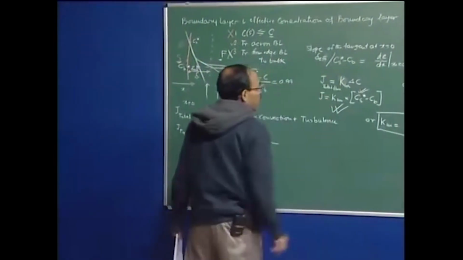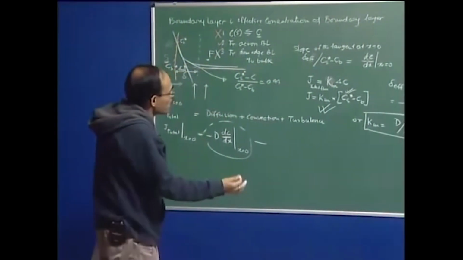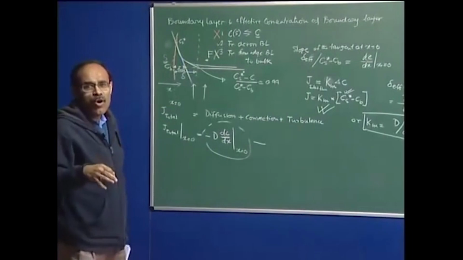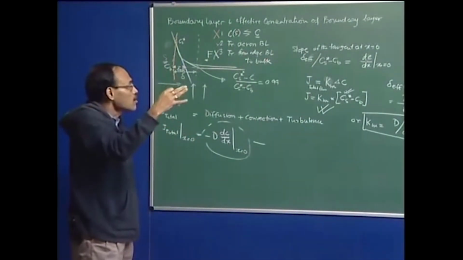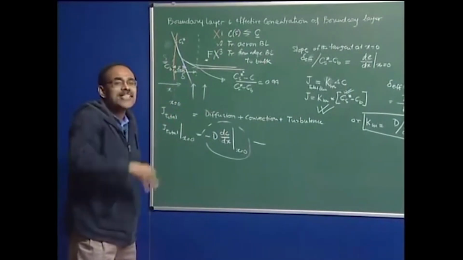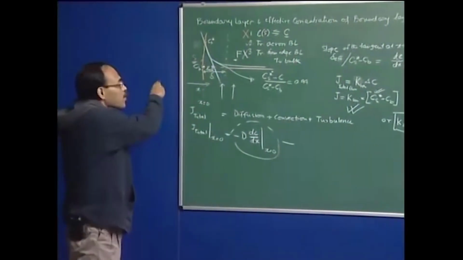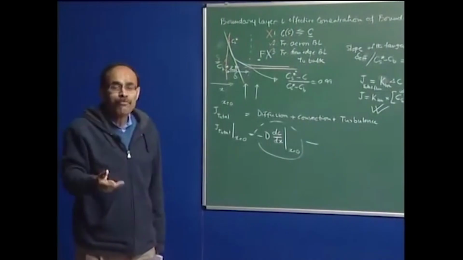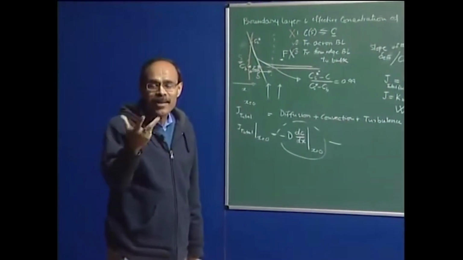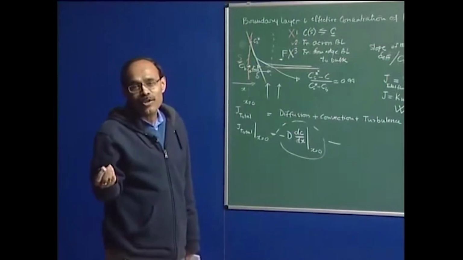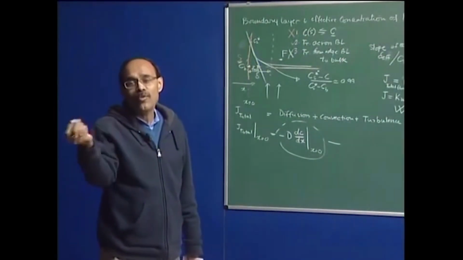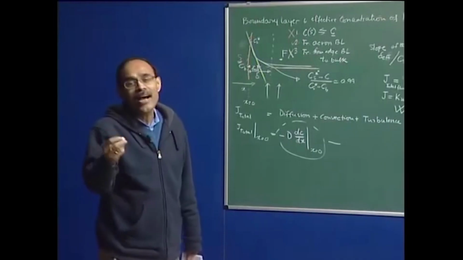The bulk concentration of course can be taken to be 0, or it can be taken to change with time, depending on whether the reactor size is much bigger than the dissolving species or not. For example, if I am talking of a 150 ton steel bath and I have added 2 lumps of ferroniobium, I can consider that the bulk concentration of ferroniobium possibly is 0.001 or 0.01 percent, and I can ignore it.